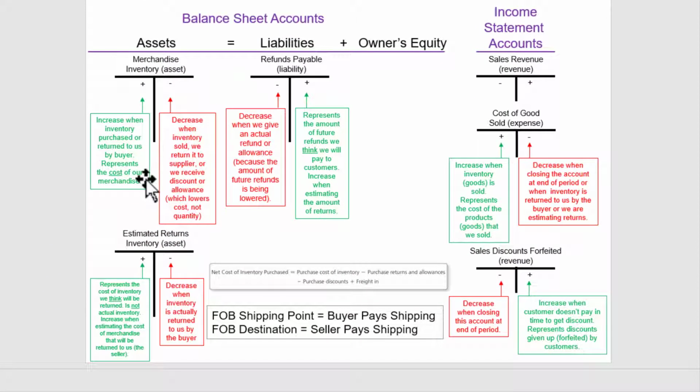Remember at the end of the previous accounting period, we would increase the estimated returns inventory, which would represent the cost of inventory that we think will be returned. It's not actual inventory. So when we get an actual return, we have to lower this.